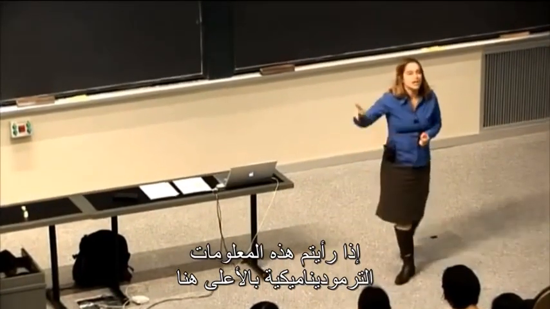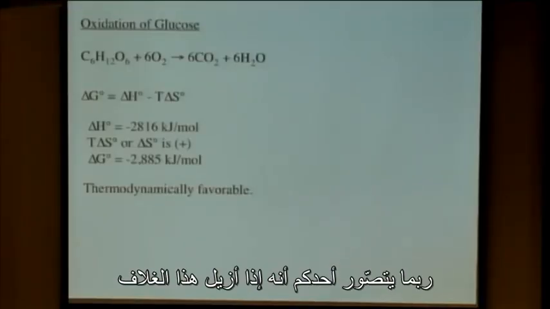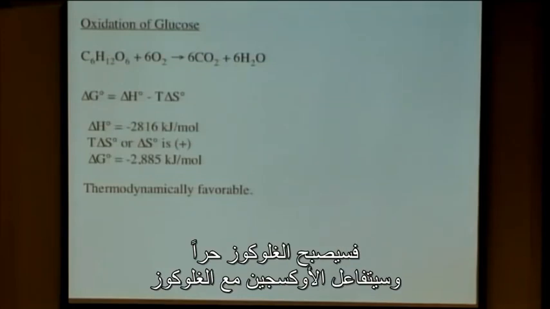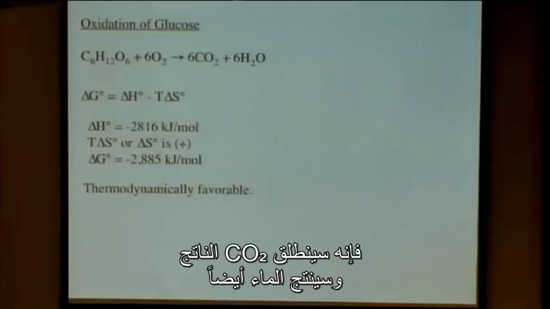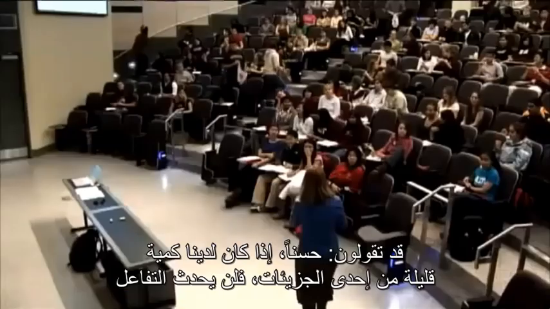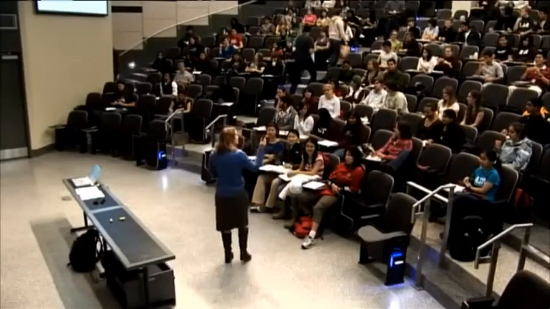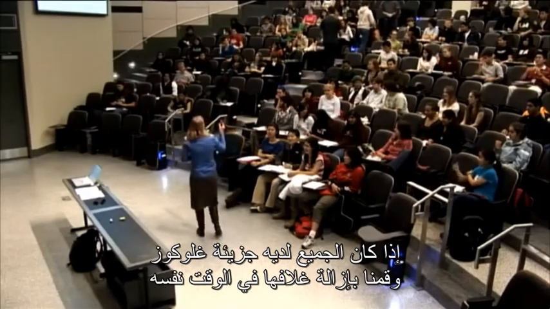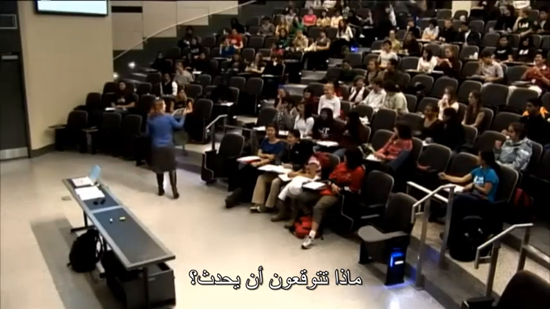And so if you look at this thermodynamic information up here, one might imagine that if you ripped this open and oxygen came in, there might be some kind of level of explosion with CO2 coming out and water coming out. Now, you might say, well, if you have one, sort of little thing, it might not. But now, if everyone has one, and we all open it at the same time, what do you expect to happen?